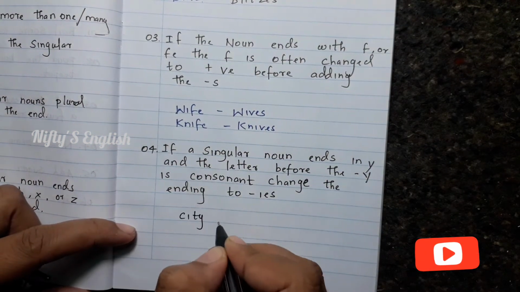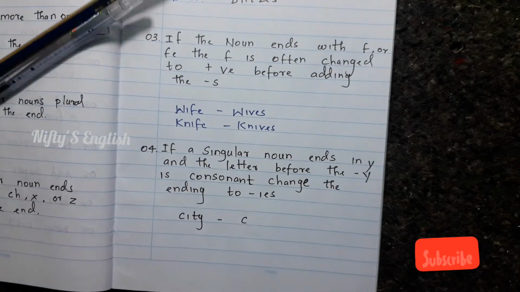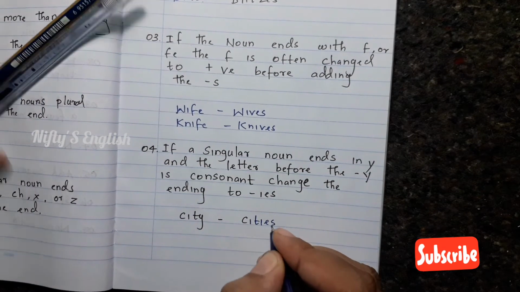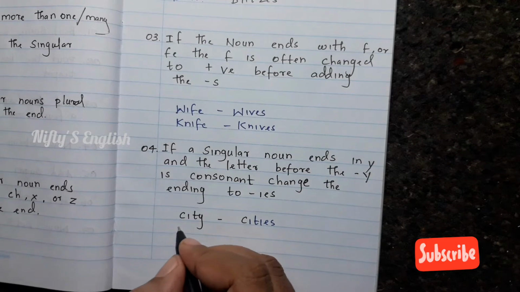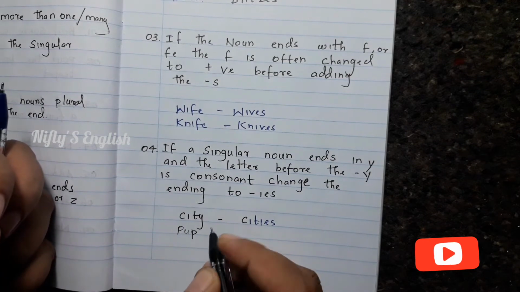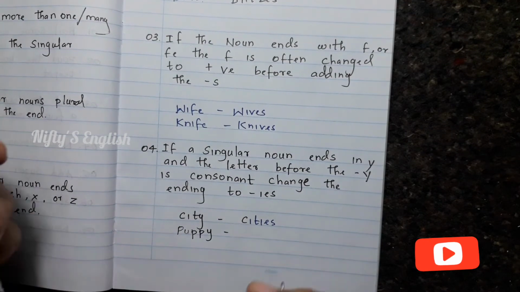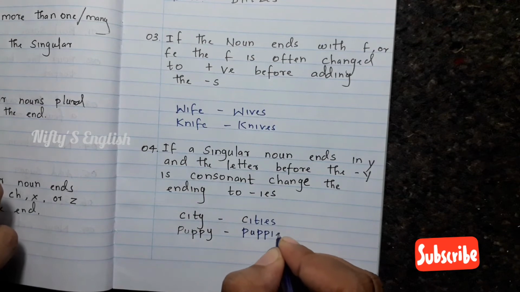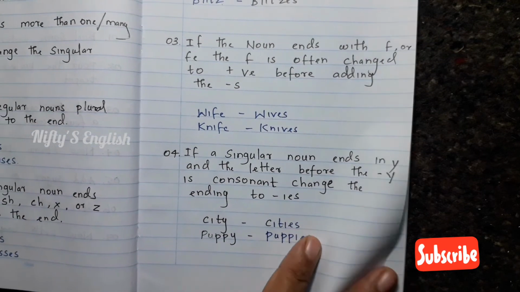For example, city, cities. Because the last letter is y, so ies, cities. Second one is puppy, plural form of puppy, puppies.